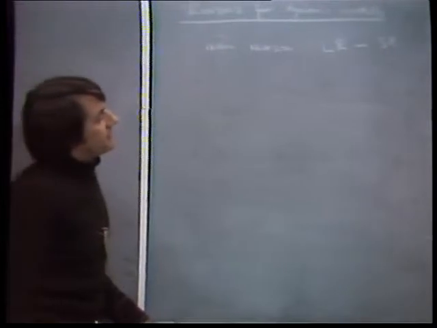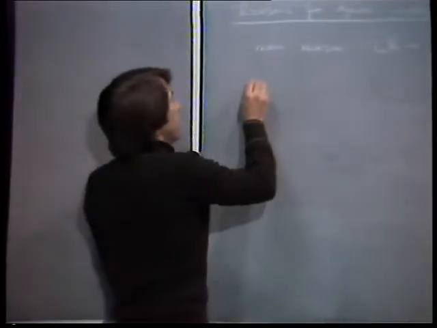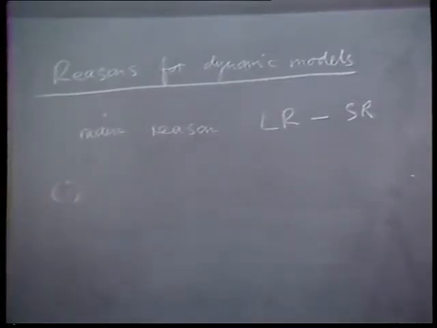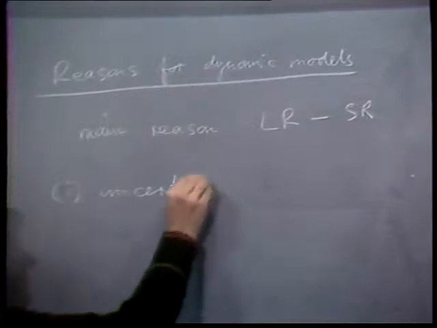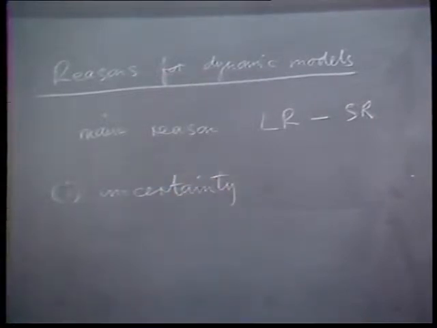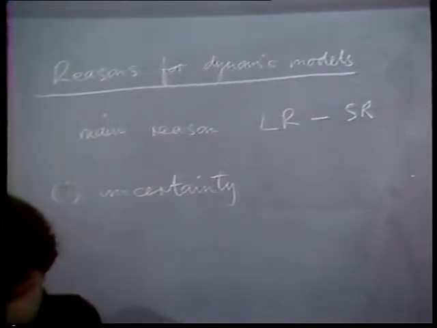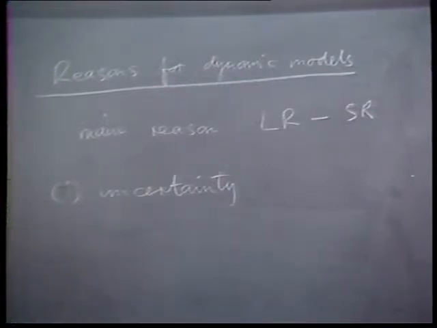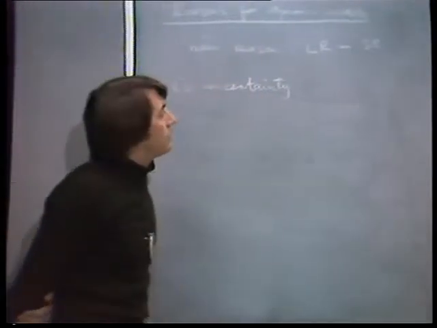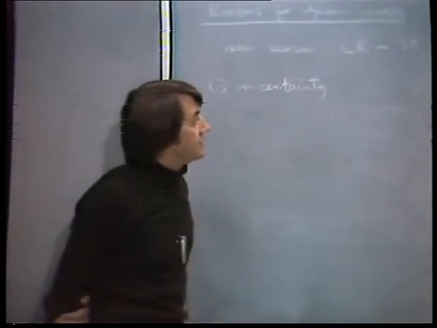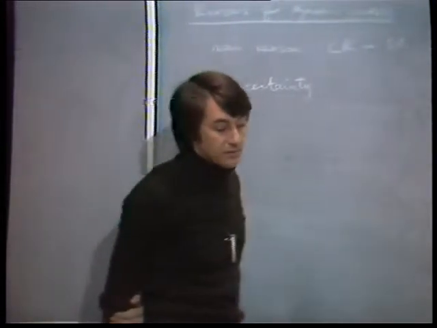Well, why does that come about? Well, one of the primary reasons for a distinction between the long run and the short run is the presence of uncertainty. If we knew what the value of all variables for all time periods, including time periods in the future, are going to take, then we really have very few problems in taking decisions at any one point in time.